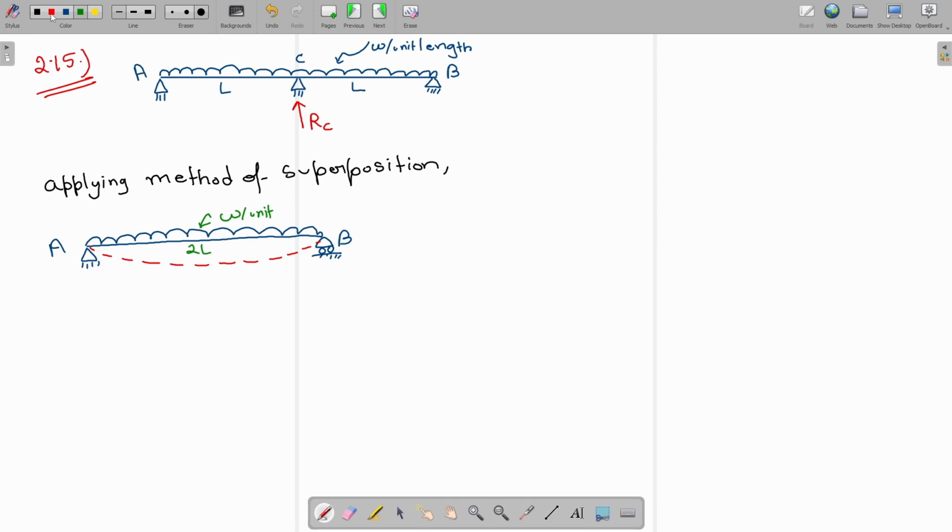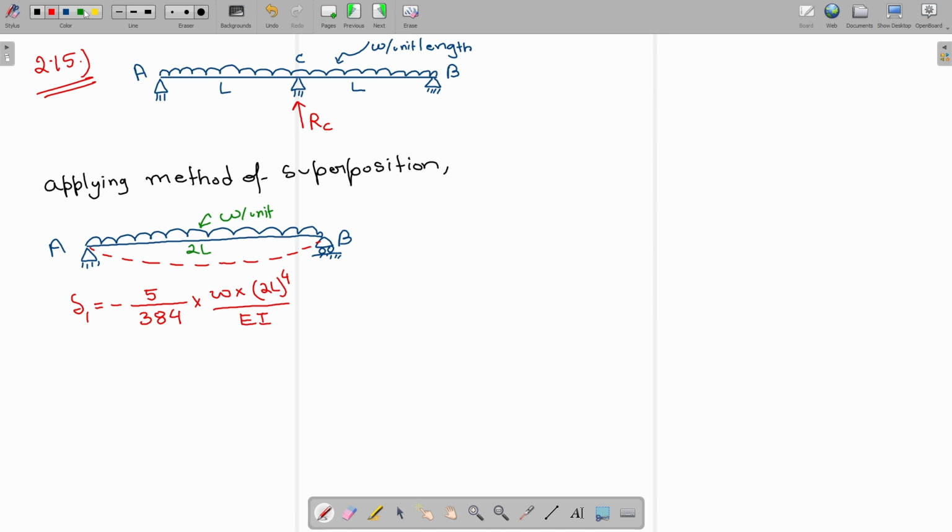Therefore, the deflected shape will provide a deflection of delta 1 equal to minus, since it is in the downward direction, minus 5 by 384 into W into 2L to the power 4 by EI.